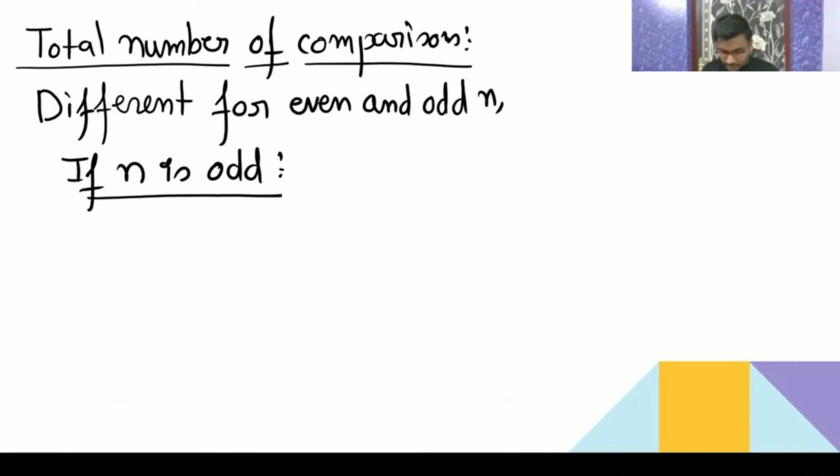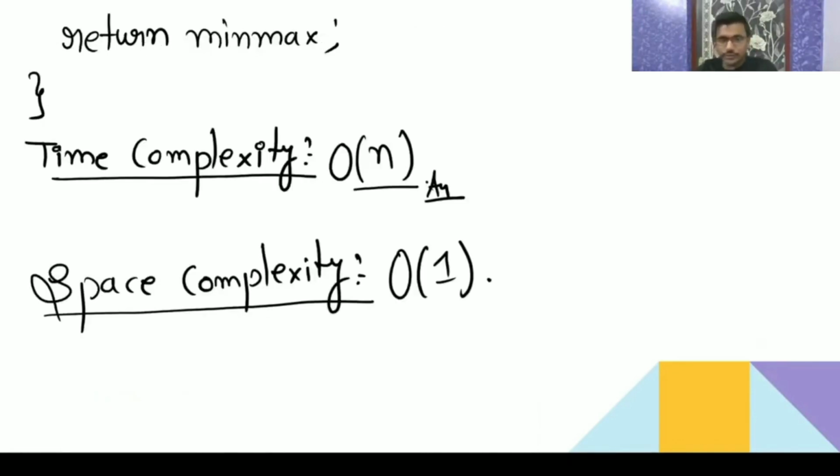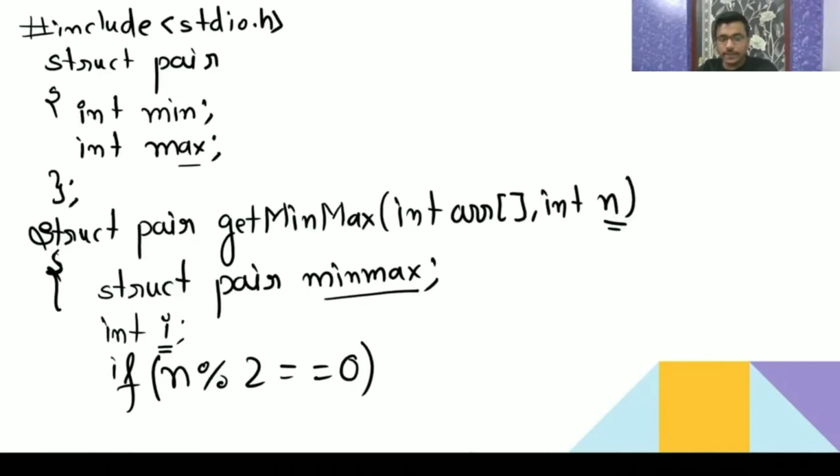Means how many greater-than checks you will do. See the code. If n is odd, then what will happen?